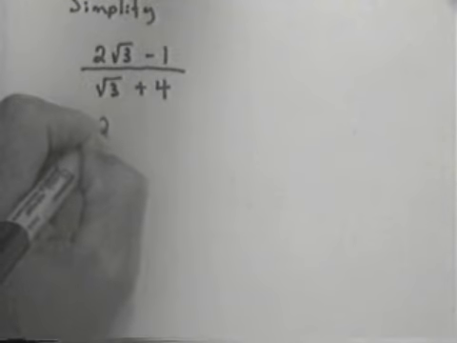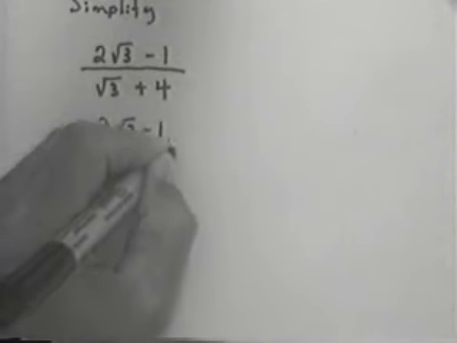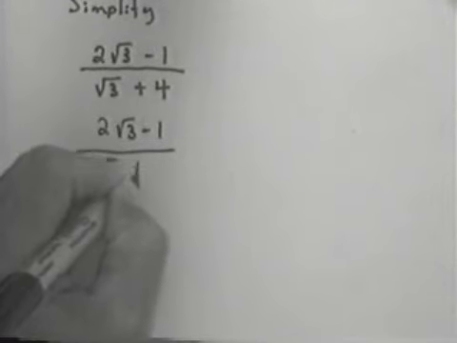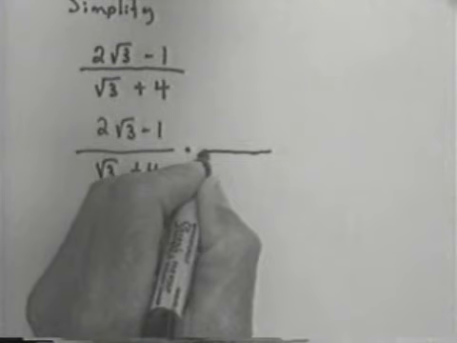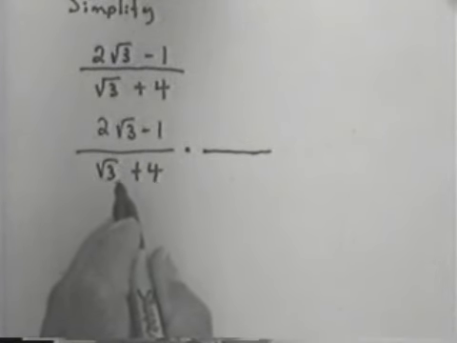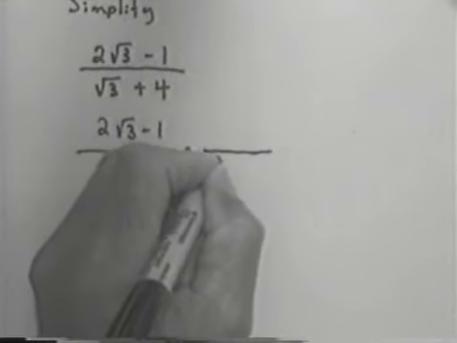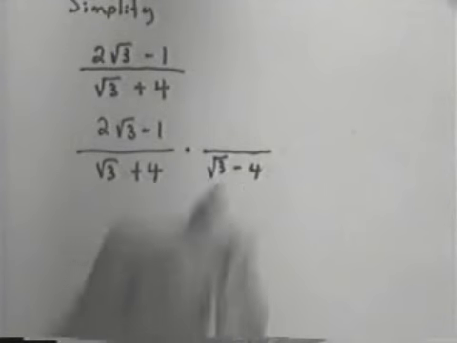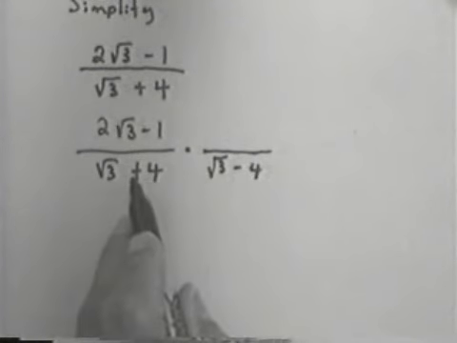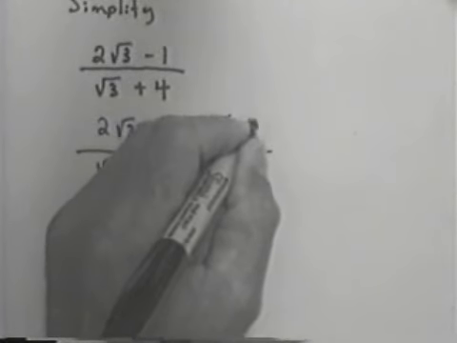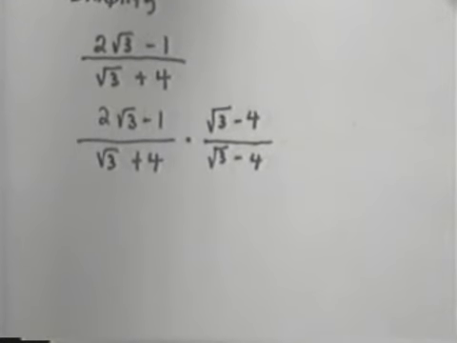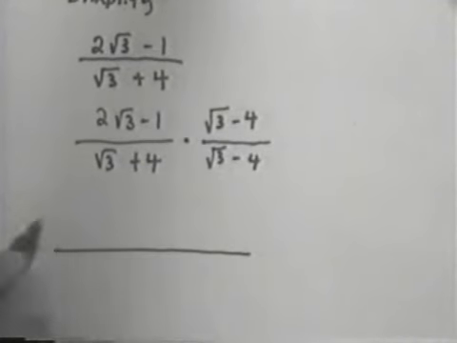That's the conjugate of the denominator, because the denominator is what I'm trying to rationalize. The conjugate of the denominator would be the square root of 3 minus 4. Notice it's the same except I switch the signs. And I've got to multiply the numerator by the same thing. I'm going to use the FOIL method to multiply both numerator and denominator.